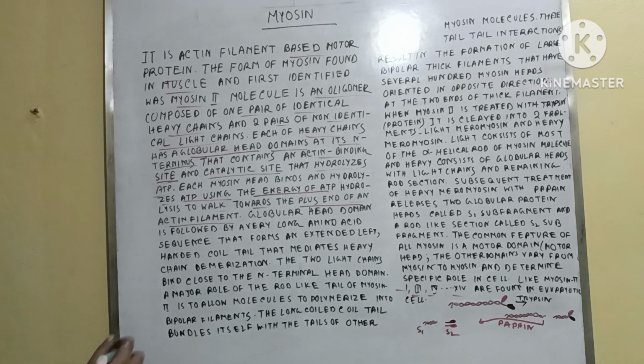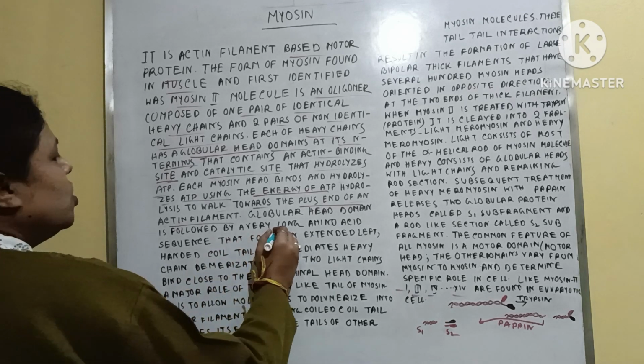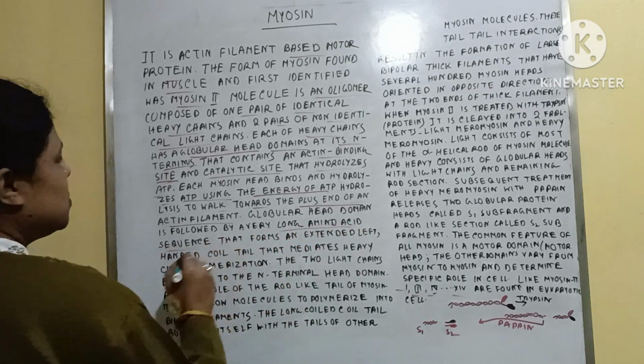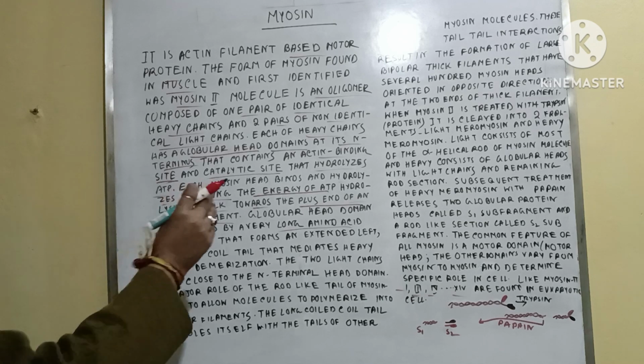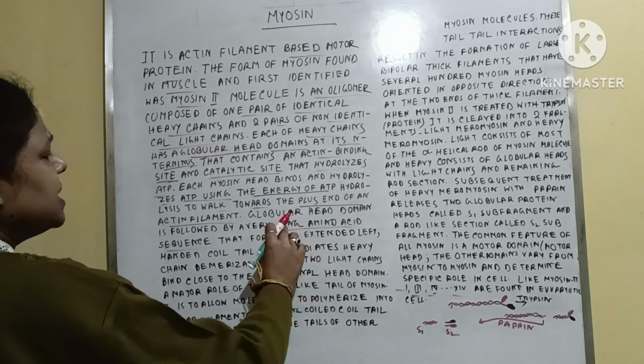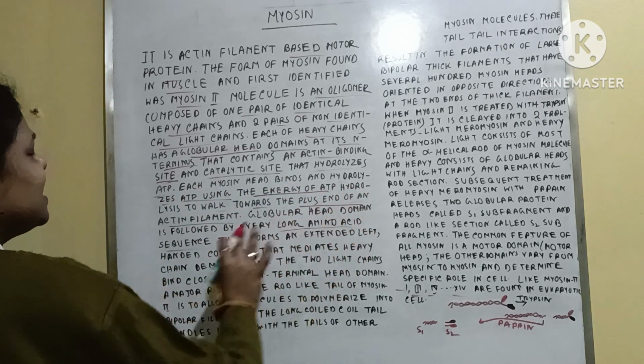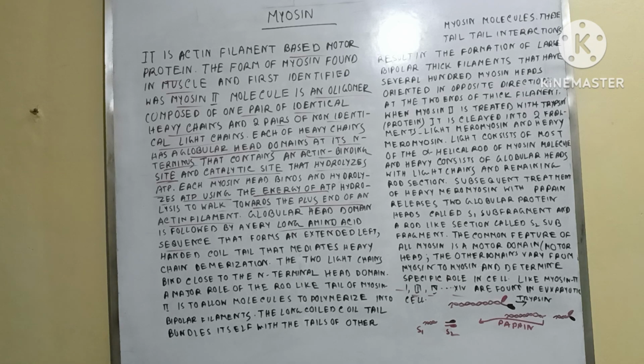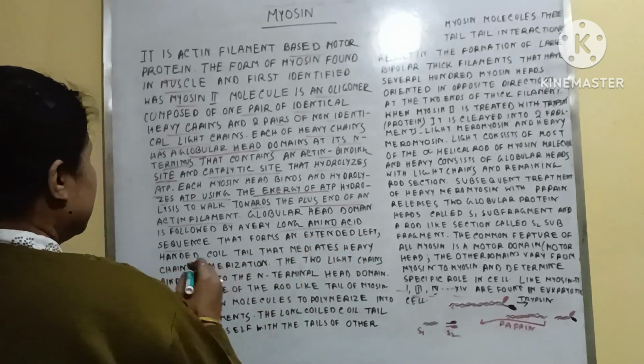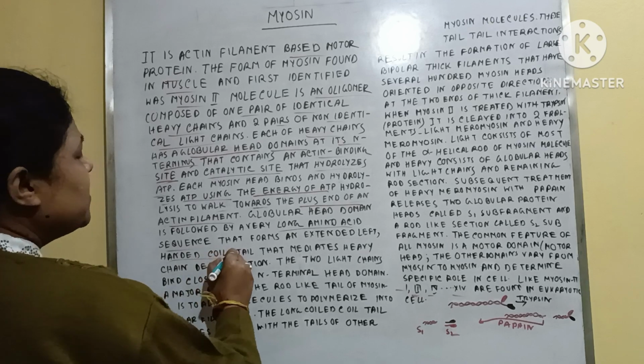Clear? And the globular head domain is followed by a very long amino acid sequence. In simple words, this amino acid sequence forms an extended left-handed coil tail.